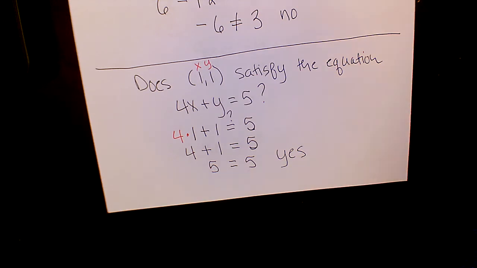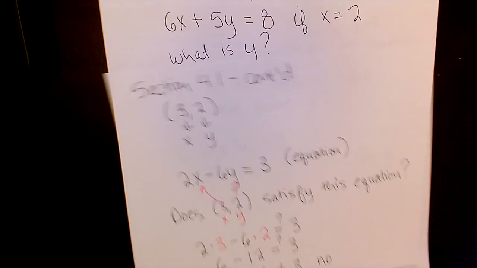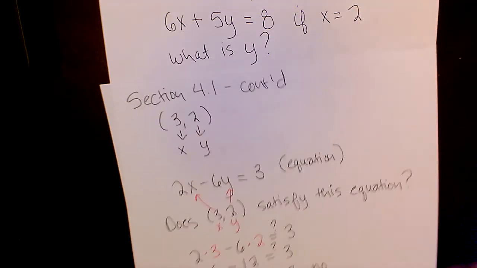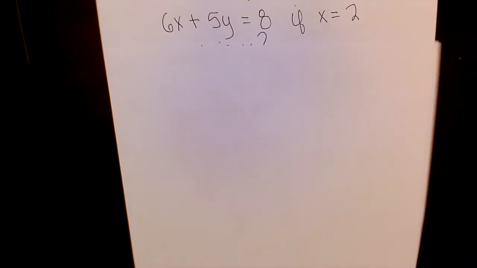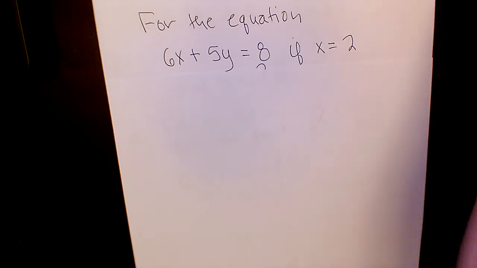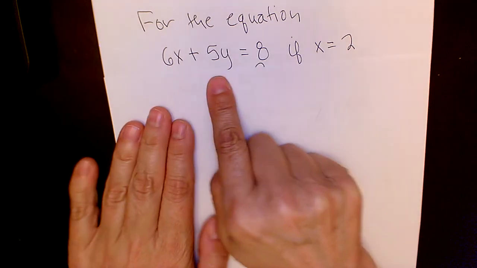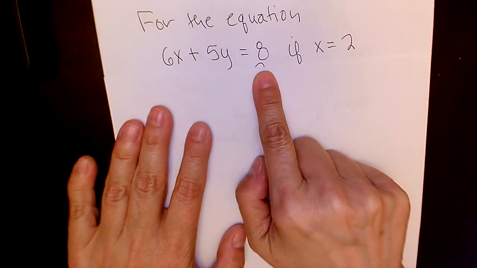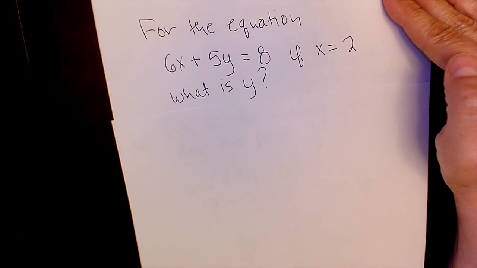How is that so far? So they might give you another equation and they might give you just a piece of it. Like they'll say, for the equation 6x plus 5y equals 8, if x is 2, what is y?